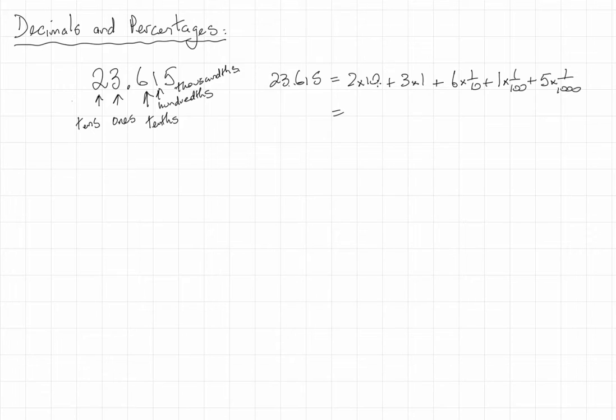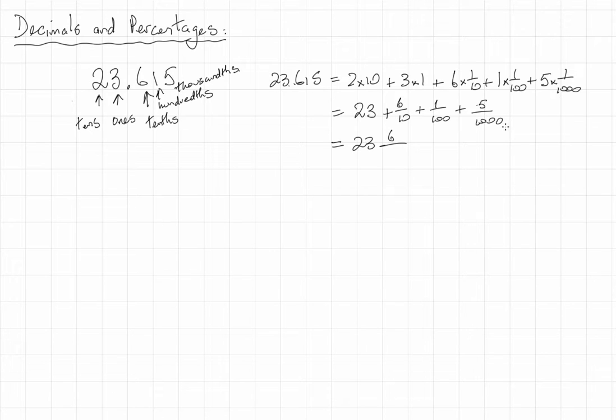So the 2 times 10 is 20, plus 3 is 23, and then plus 6 on 10, plus 1 on 100, plus 5 on 1,000. As working with decimals, we need to make all the denominators the same.